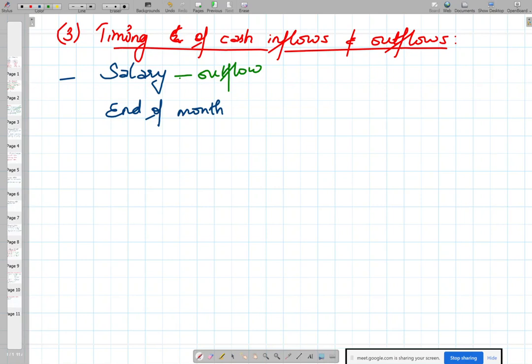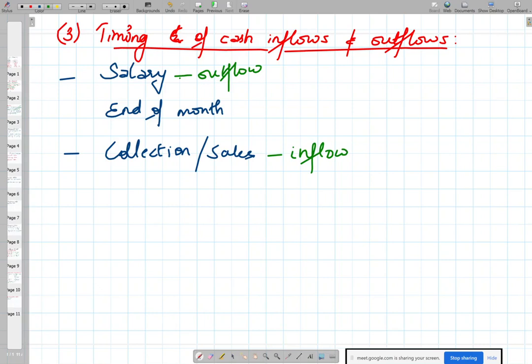But at the same time, let's say you have inflow of collection from debtors or you have cash sales. You have money that you're supposed to collect from debtors, or you have some sales that you want to make in cash, and that's a source of inflow. But can you guarantee that you will sell at the end of the month, or that your debtors will pay at the end of the month?